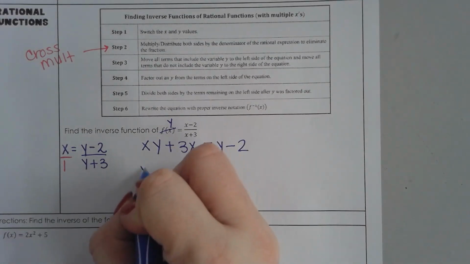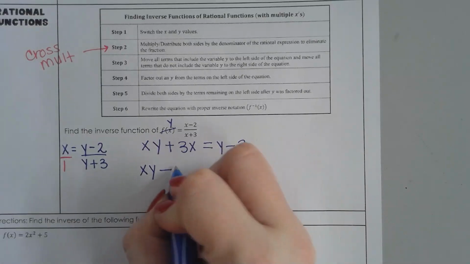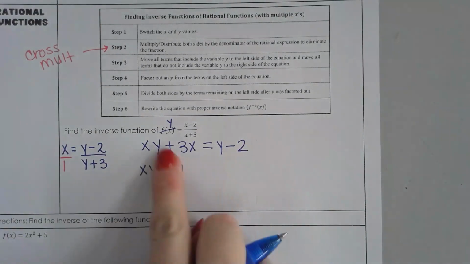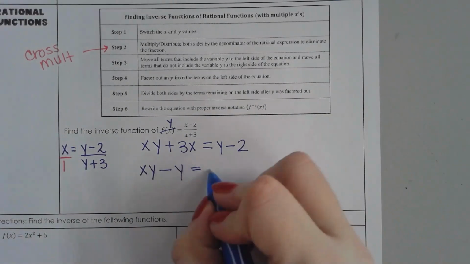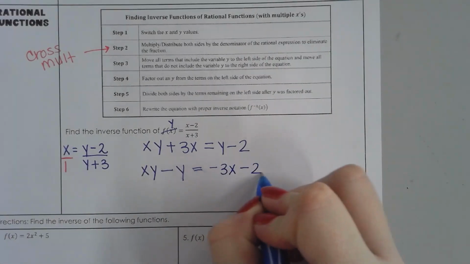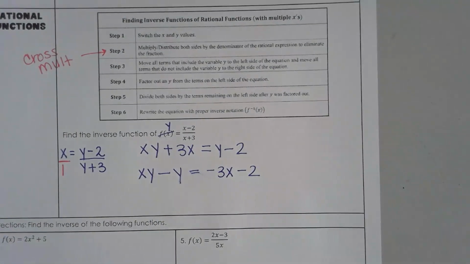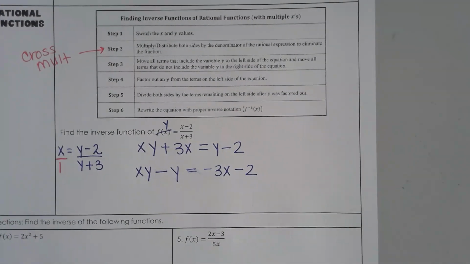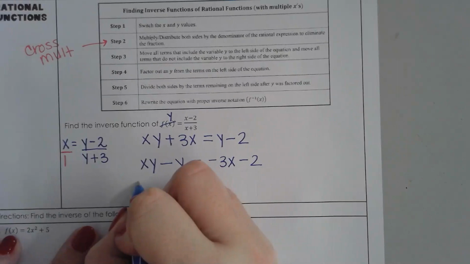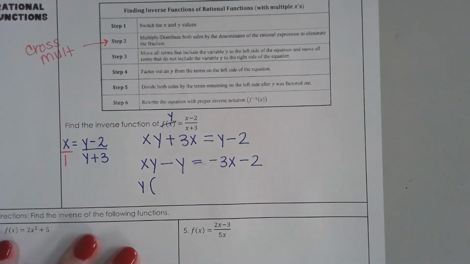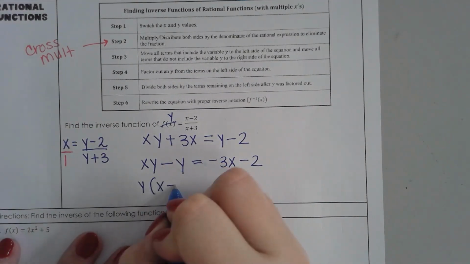So it'll be xy minus y, because that one's going to come over there, so you got to subtract it, equals, when that 3x moves over, it's going to be negative 3x minus 2. That's step 3. Step 4, we're going to factor out a y. Since both of those have a y in it, I'm going to factor it out. I'm going to put it in the front, which is going to leave me with x minus 1.